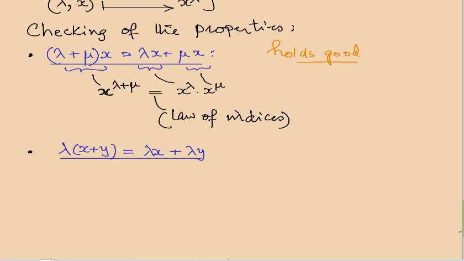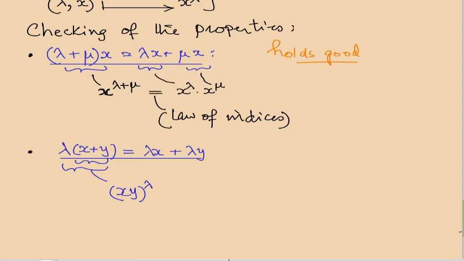But x plus y is interpreted as xy. And this to the power scalar multiple is this. Okay.